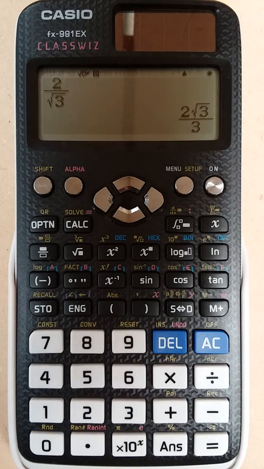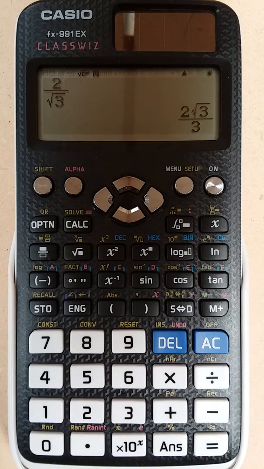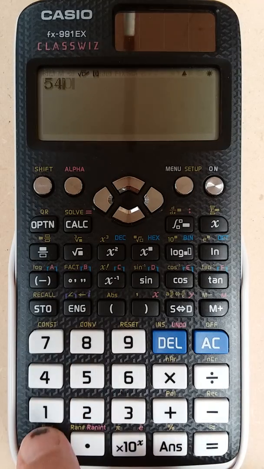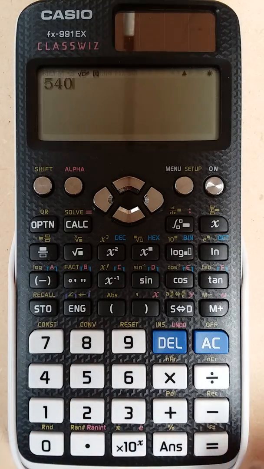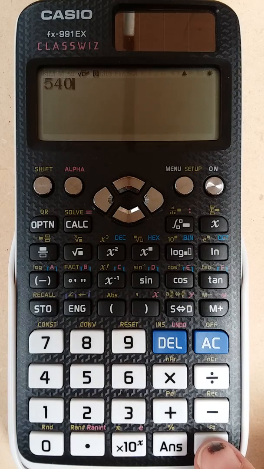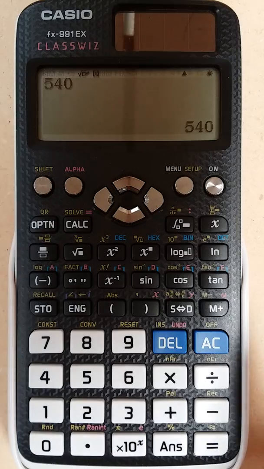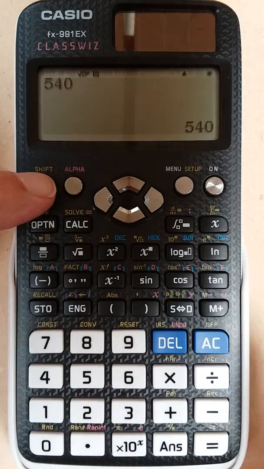Okay, so here's the really neat thing I like about it, and they still have this function on it. Type in 540. And this is a funny thing about this factorial. You have to hit the enter key first. Okay, hit the enter key, so I have 540 at the bottom. Now hit Shift.